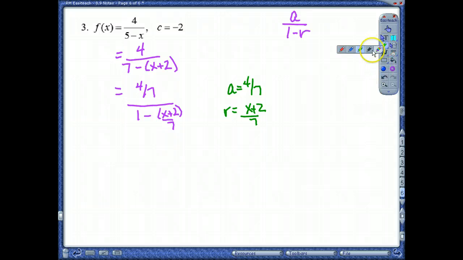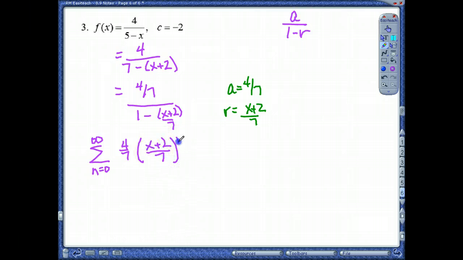So let's write our power series. Here it comes. We start off with our 4 sevenths, and then we have our x plus 2 over 7 to the nth power.